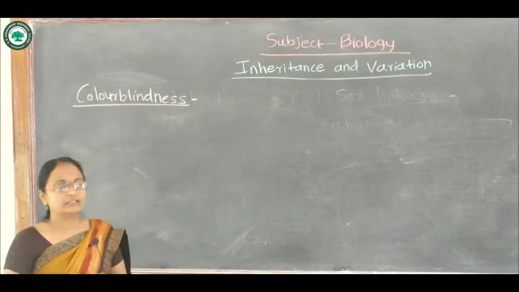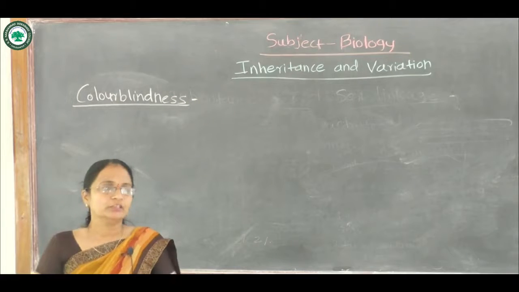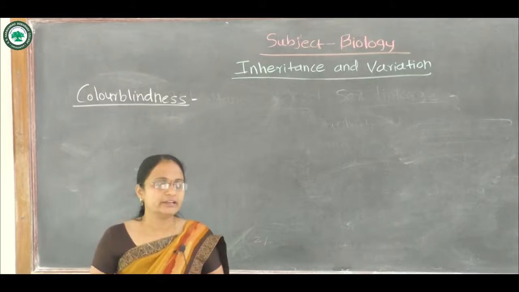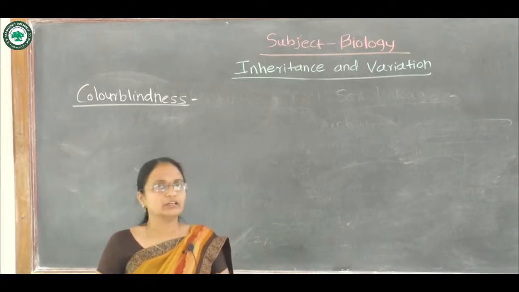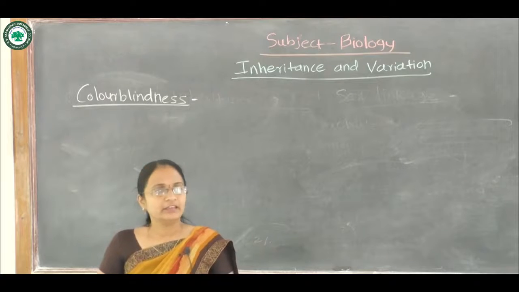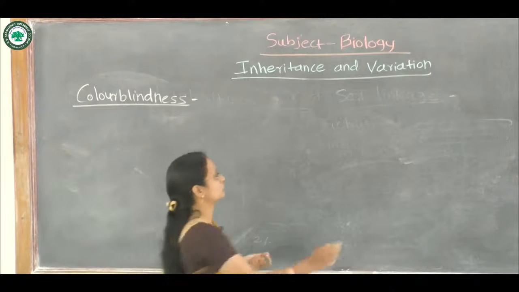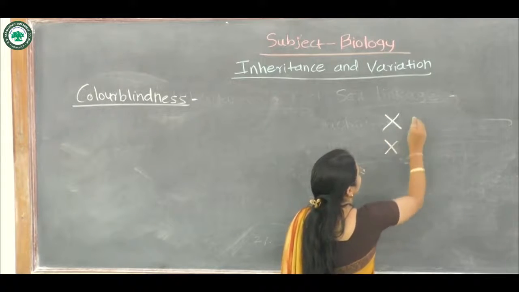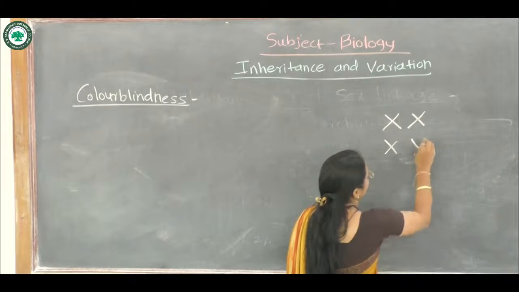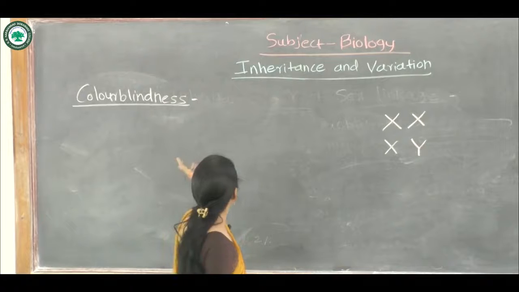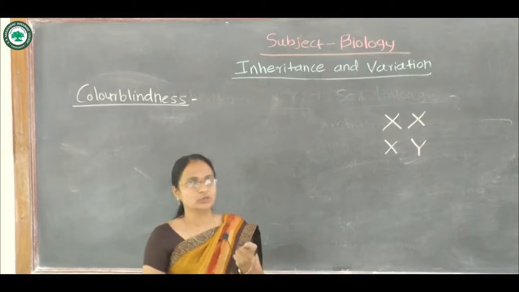This color blindness is where the person is unable to distinguish between red and green color. All the colors look like gray. Here the X as well as the Y chromosomes are present. The recessive genes are responsible for causing this type of disorder.